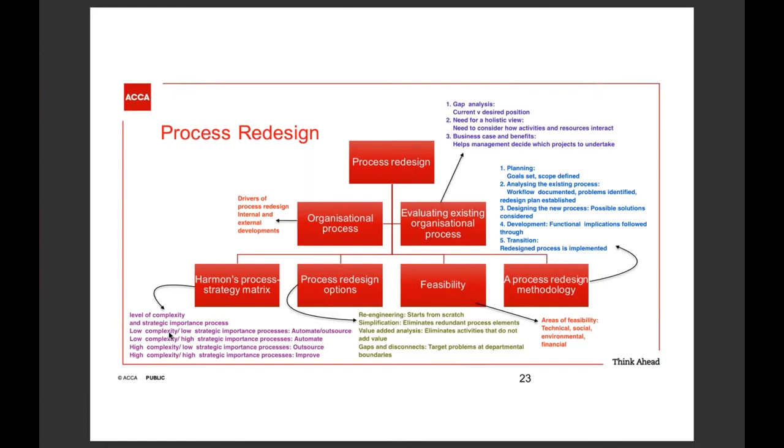So if it's low complexity, low strategic importance, that process will be automated or outsourced. And if it's low complexity and high strategic importance, you may want to automate.